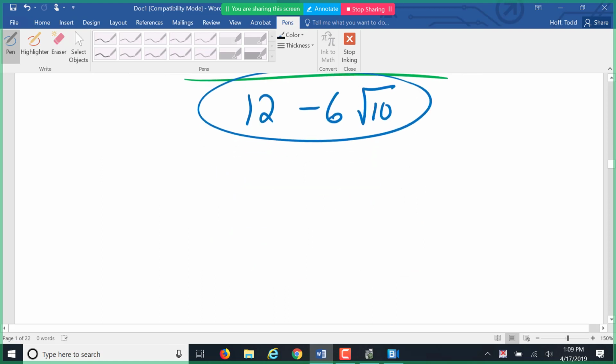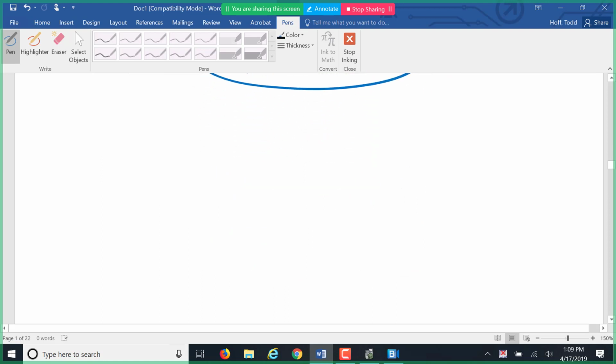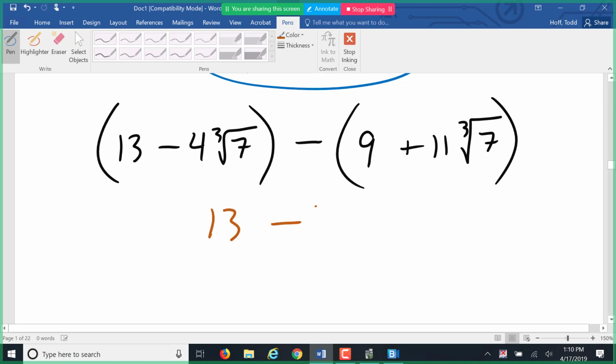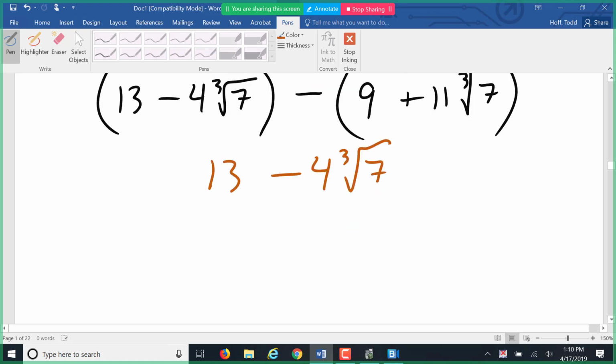When you throw in negatives in there, or in subtraction, it can be a bit more complicated. We might have 13 minus 4 third roots of 7 minus 9 plus 11 third roots of 7. So once again, we line them up. 13 minus the 4 third roots of 7. 9 goes with the 13.